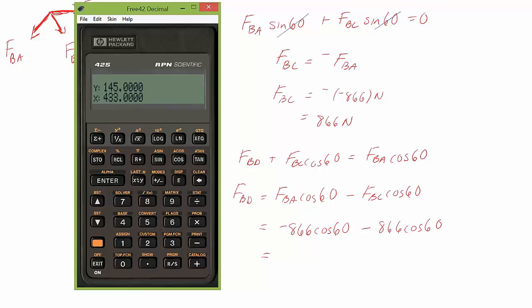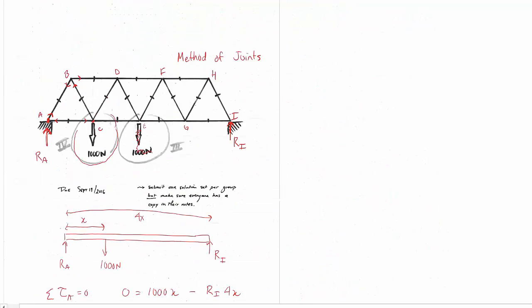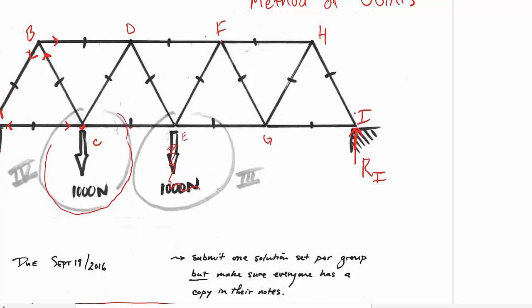Half that's 400. That's twice that. So that's 866. Yeah, there you go. Twice that. So we get negative 866 newtons. So that's a compression. That's FBD. So it's this guy there.